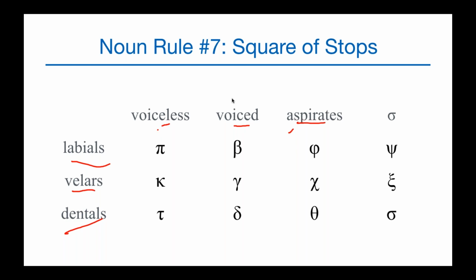Kappa plus sigma equals xi. Same is true for gamma and chi. Tau plus sigma, delta plus sigma, and theta plus sigma all leave you with just sigma. The sounds from before drop out. Okay?